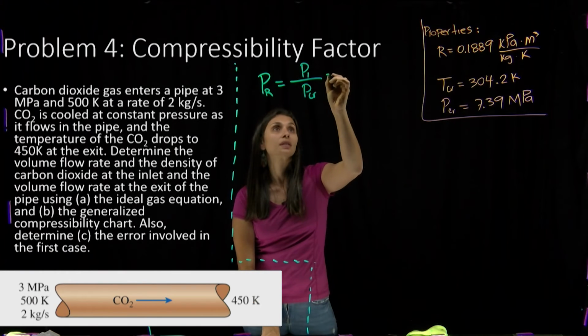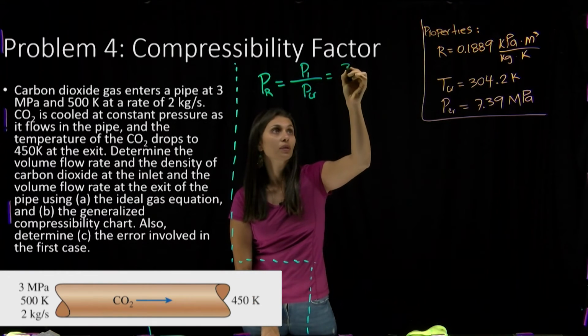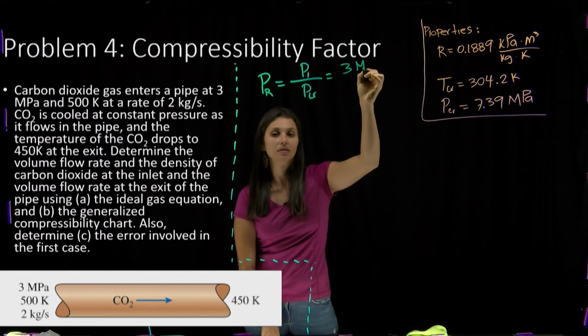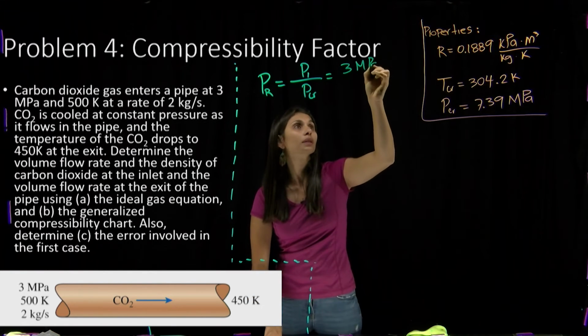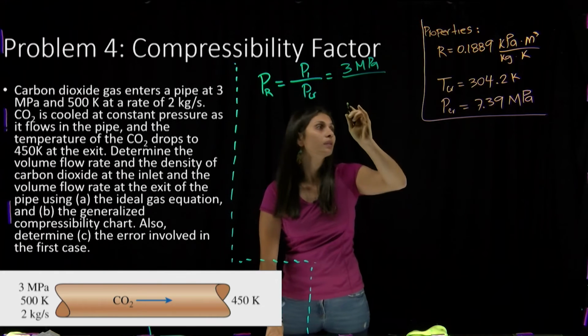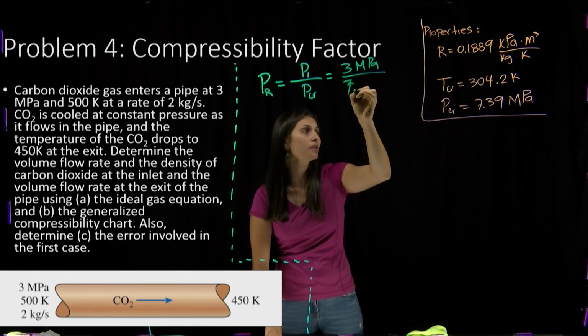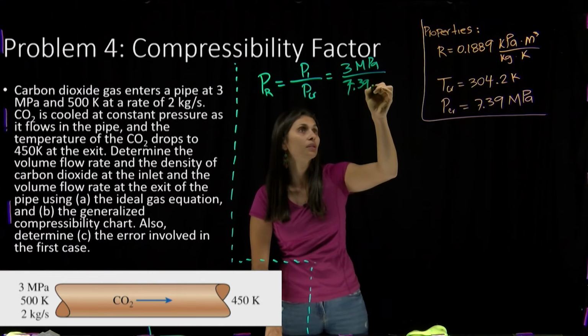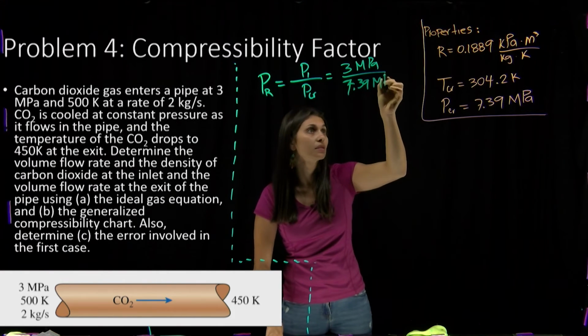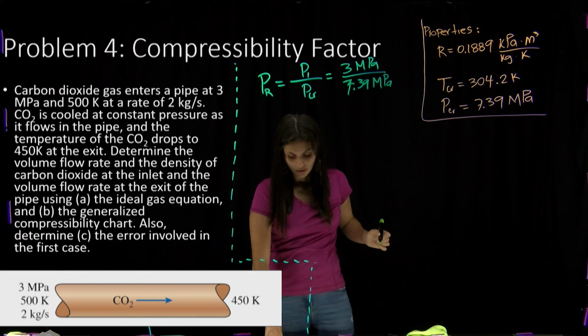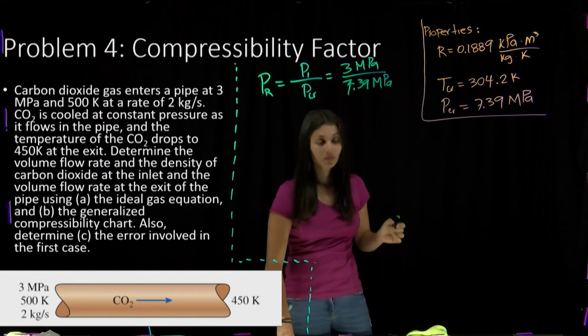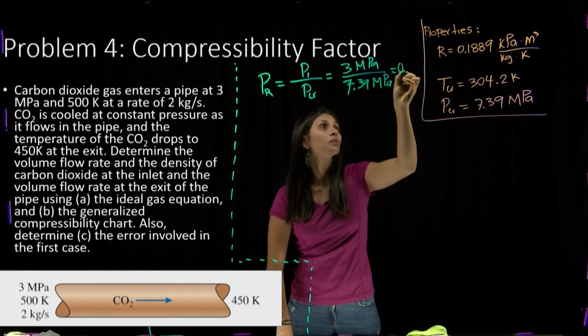Right, so in this case we have P1 is 3 megapascals, right? And the critical pressure will be here 7.39 megapascals.